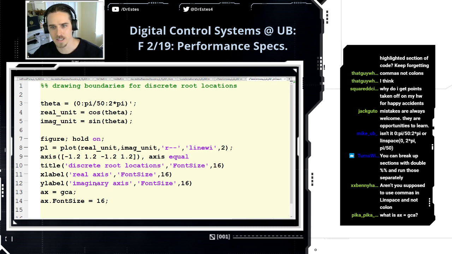What is AX equals GCA? I don't know exactly what this stands for, but I think it just grabs the information for the current figure. Or maybe it says grab current axis. There's some MATLAB specialist in here who knows exactly what this means. But once I've grabbed that axis, I can just access the font size and set it equal to 16.